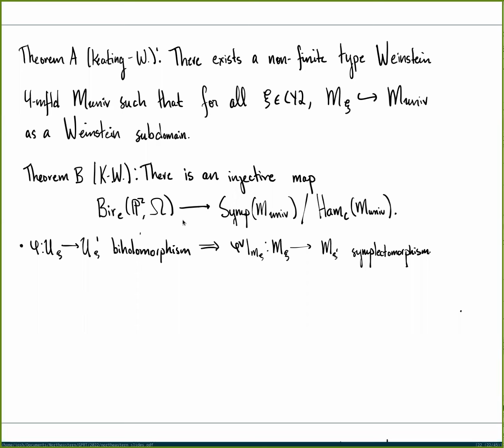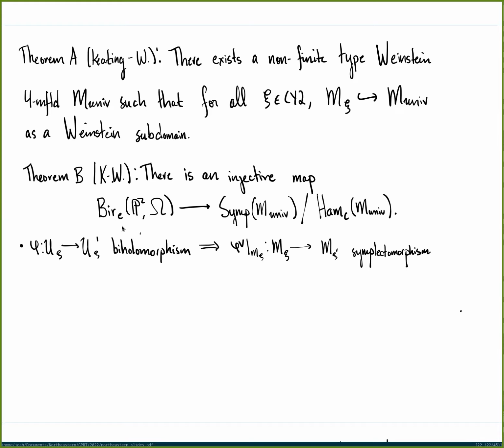Furthermore, there's an injective map from this group of birational transformations, B sub E, to the symplectomorphism group of that M universal, modulo compactly supported Hamiltonian isotopy, which we should think of as acting as equivalences.